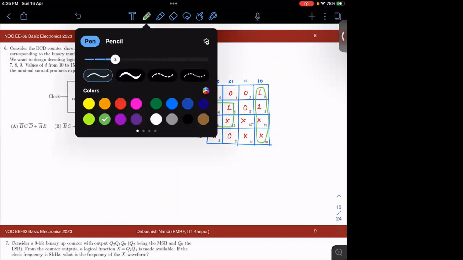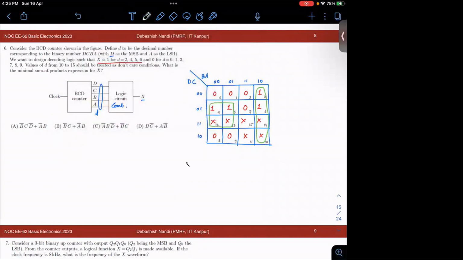So what is your x? Your x is nothing but here common is C and here common is B bar, plus in this case it is B A bar. Okay, so your x is nothing but A bar B plus B bar C. Fine.